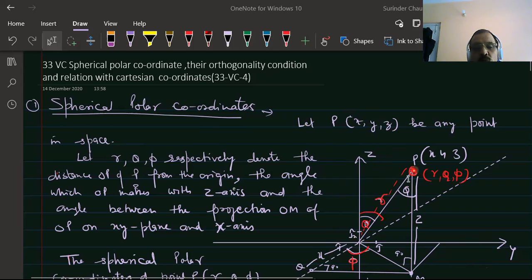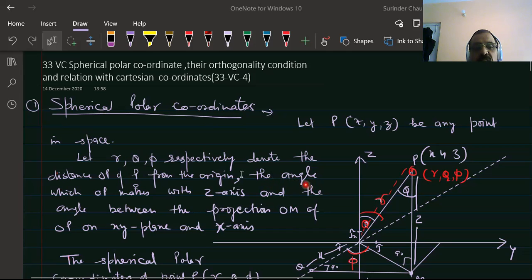And let r, theta and phi respectively be the spherical coordinates. r denotes the distance OP of the point P from the origin.